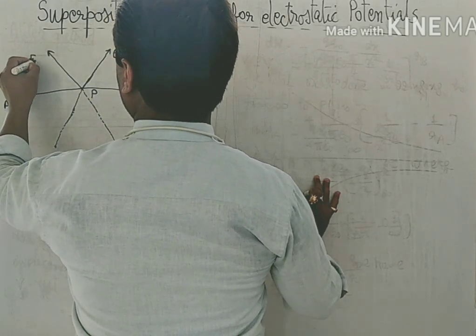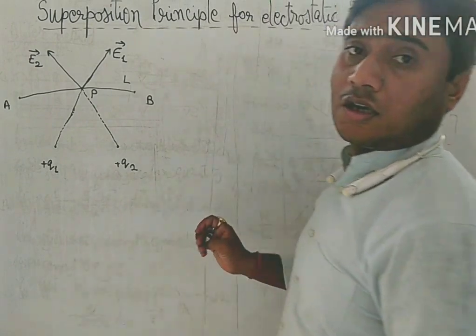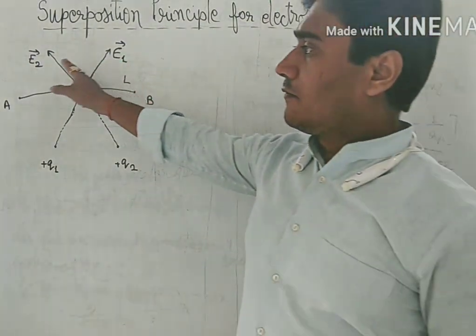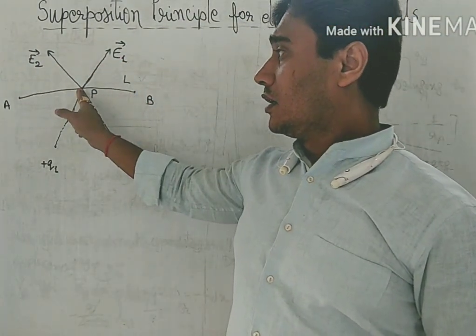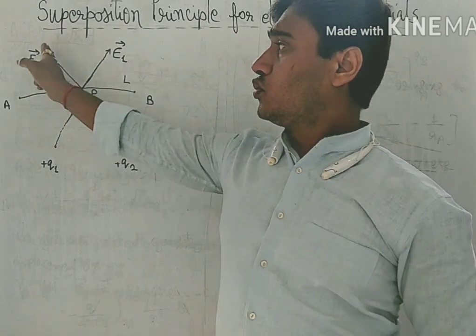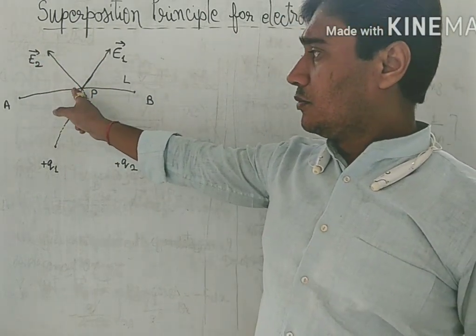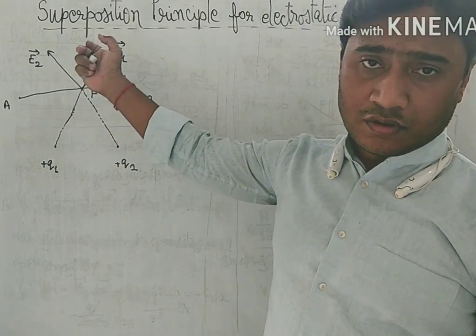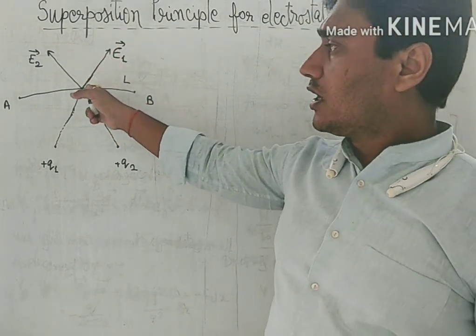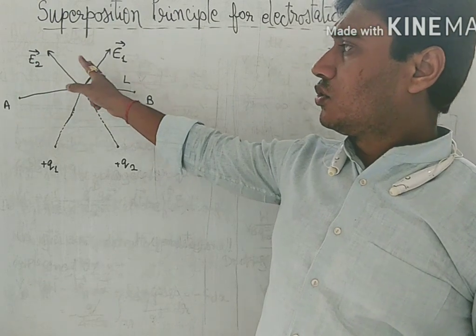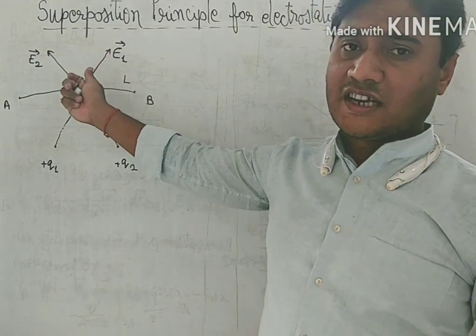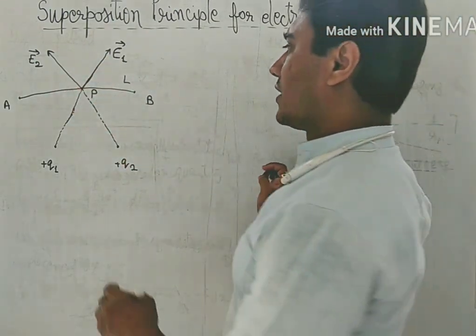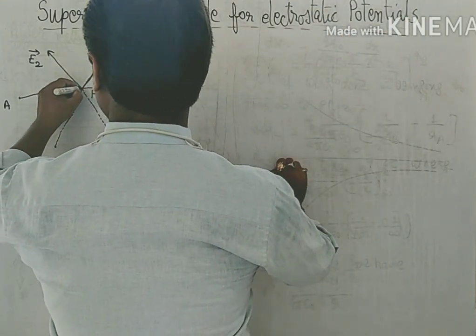This is vector E2. Now as can be seen, these two are vectors acting along two different directions at a single point, forming two consecutive sides of a parallelogram. So using the parallelogram law of vectors addition, we can find the resultant electric field intensity here.